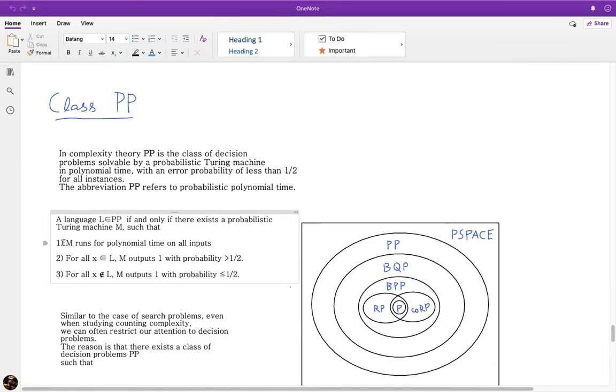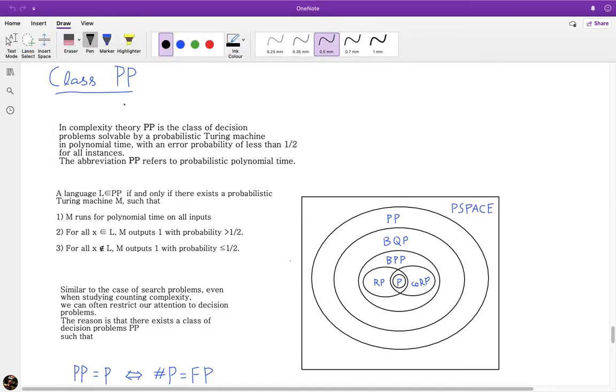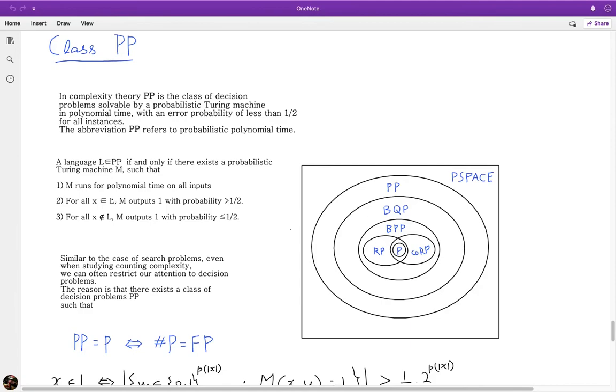So we can define this class as so: any language L belongs to this class PP if and only if there exists a probabilistic Turing machine M such that M runs for polynomial time on all inputs, and for all x belonging to L, M outputs 1 with probability greater than half, and for all x which do not belong to L, M outputs 1 with probability less than or equal to half. So the maximum error probability would be half here.